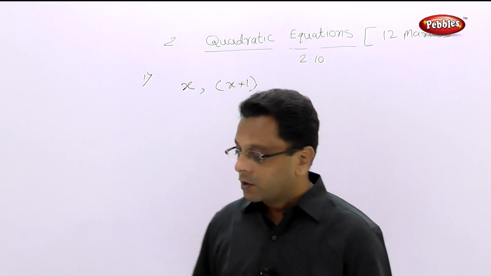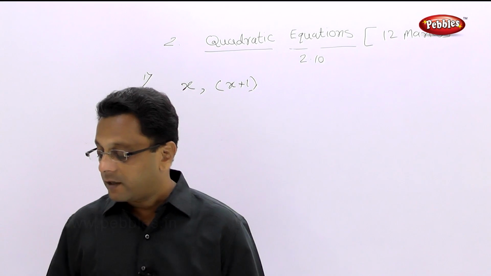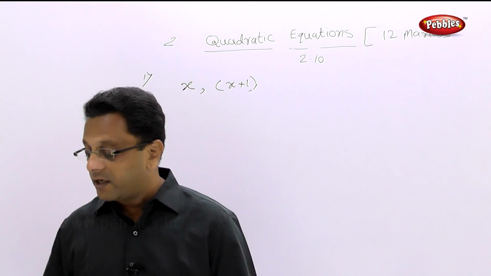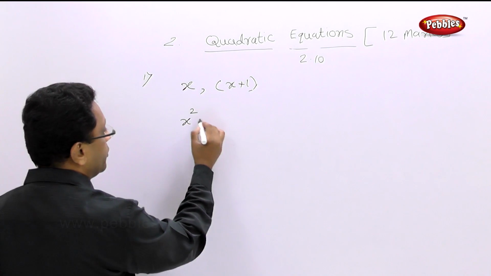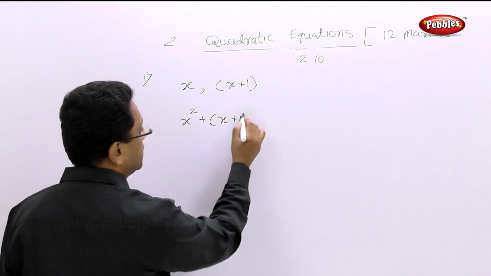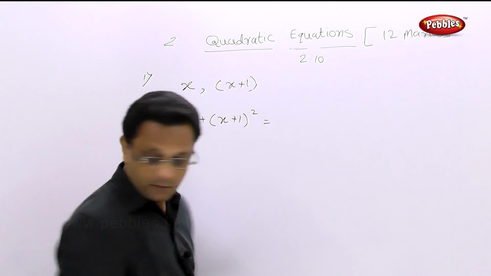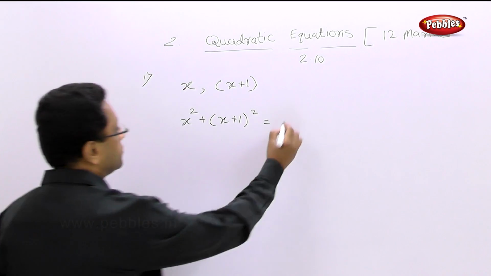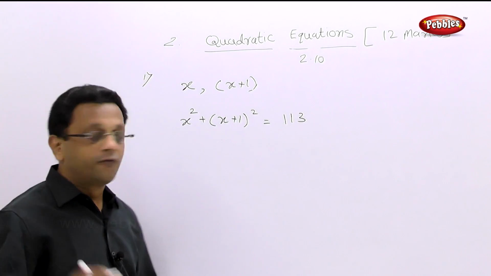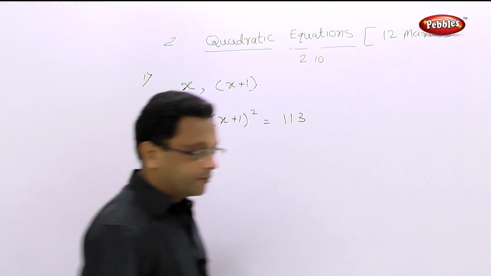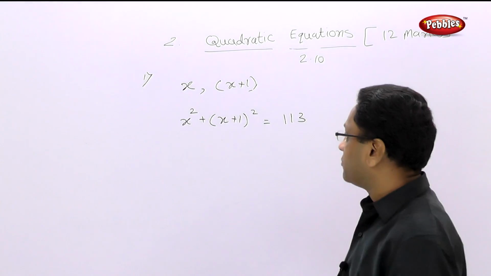Now the first condition they have given is that the sum of squares, that means the first condition is x square plus (x plus 1) square is 113, and we have to find these two numbers. Let us solve this example.